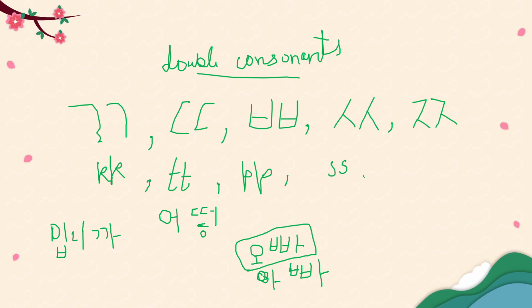So let's just leave it. And double j also, sorry, double j. Okay, so these are just tensed sounds. Okay, g, t, p, s, j. Okay, I hope you've understood the sounds.